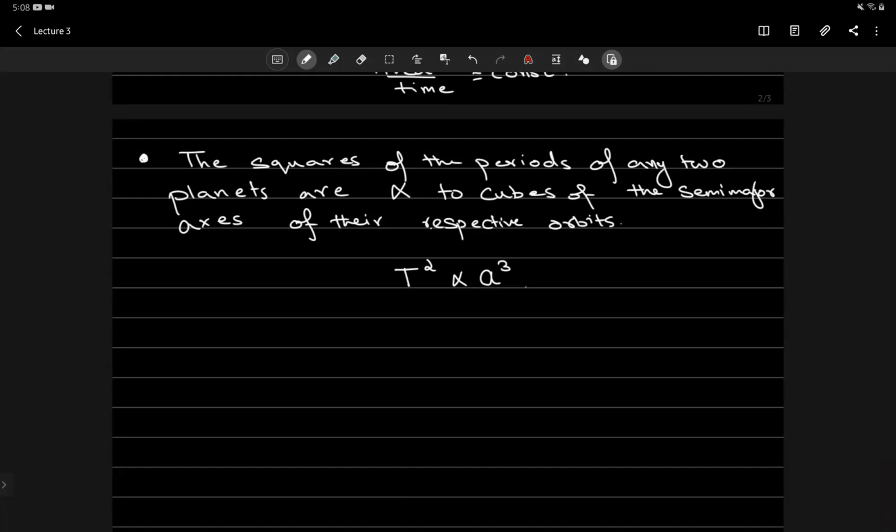So when Jupiter is closer to the Earth, the time would be less, and when Jupiter is further away from the Earth, the time that the light takes to reach the Earth would be more.